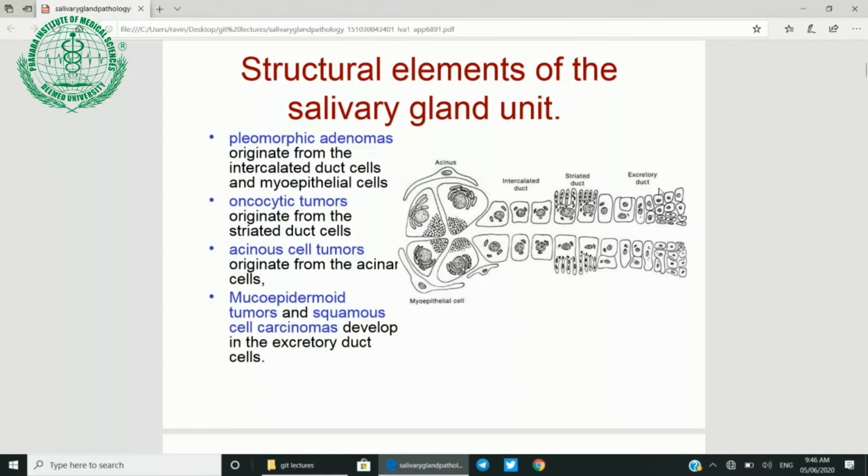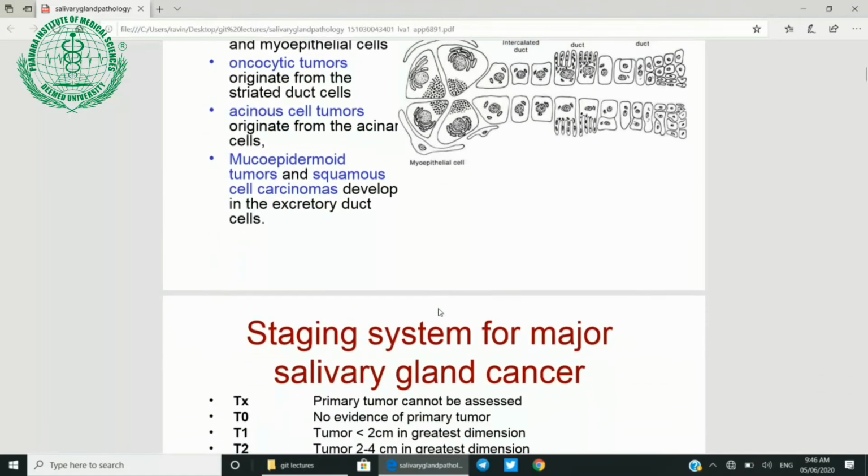Acinous cell tumors originate from the acinar cells here; the origin of acinic cell carcinoma is here. Mucoepidermoid tumor and squamous cell carcinoma develop in the excretory duct. There are exclusive tumors also originating from the myoepithelial cells.